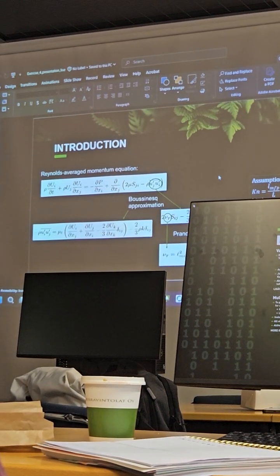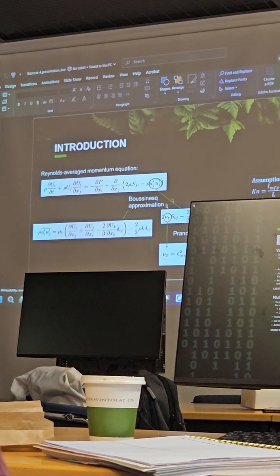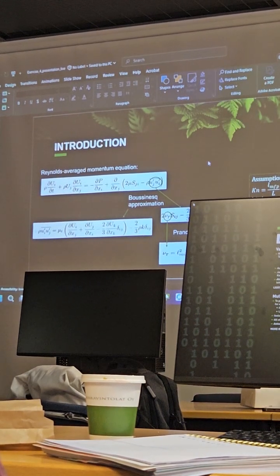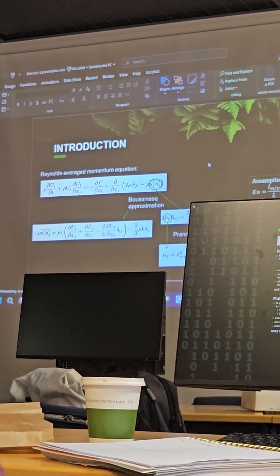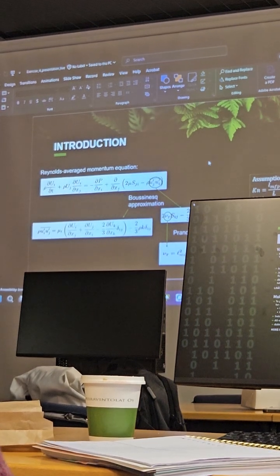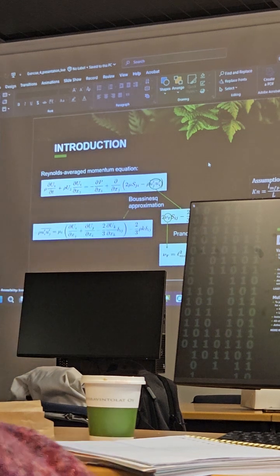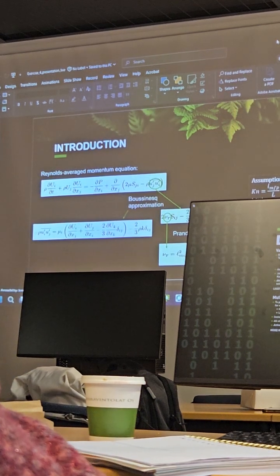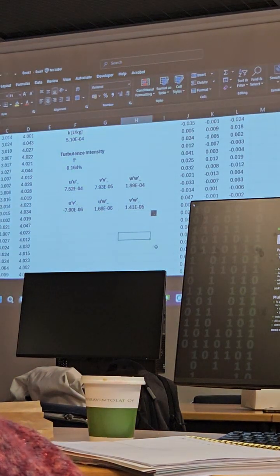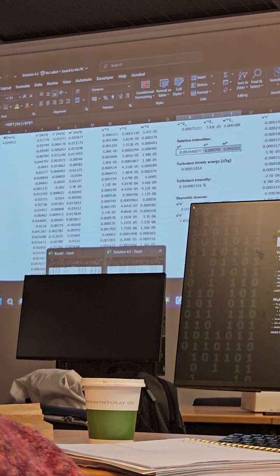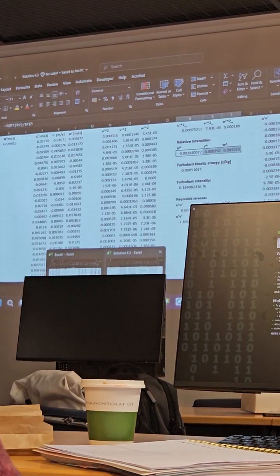Of course, that is calculated with experimental data. If we are, for example, making a CFD simulation, then of course we can't do this process, so we need models to calculate this. So, let me check that these results are also correct. Yes.